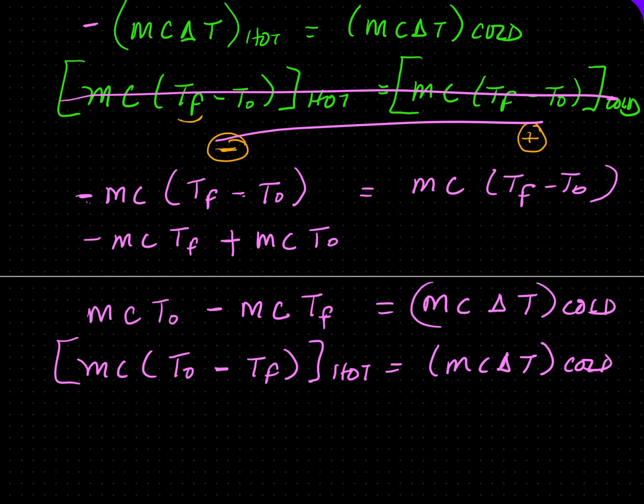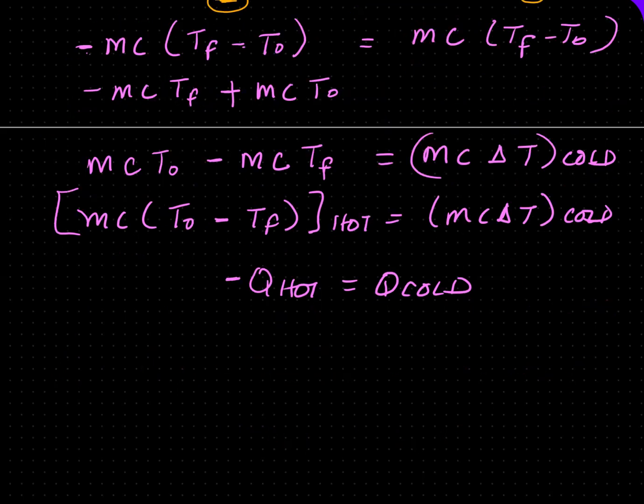So to make the problem easier, when we have Q hot equals Q cold, we know we need to put a negative sign in front of Q hot to make Q hot positive. To make it easier, instead of sticking the negative sign in front, when you write the hot side, whatever object is hot, flip the temperature. Make it T initial minus T final for the hot side.